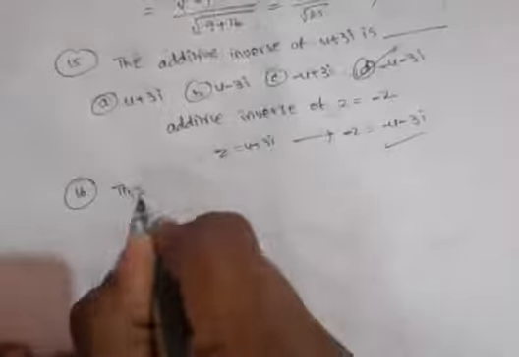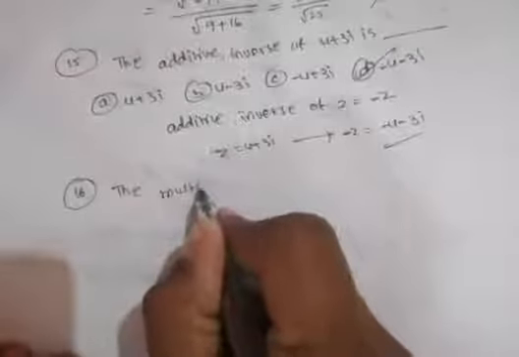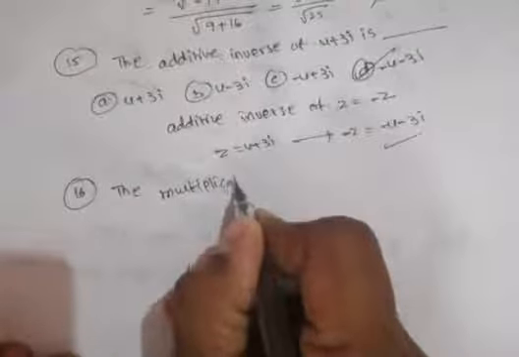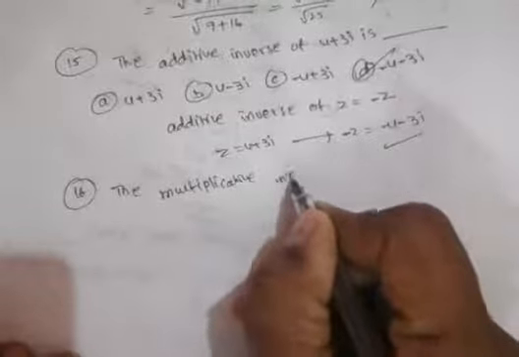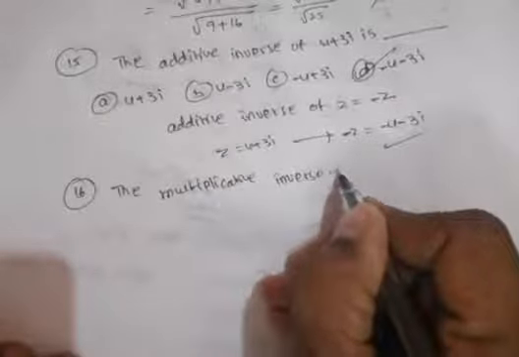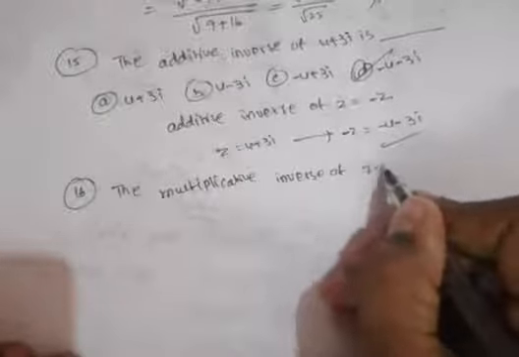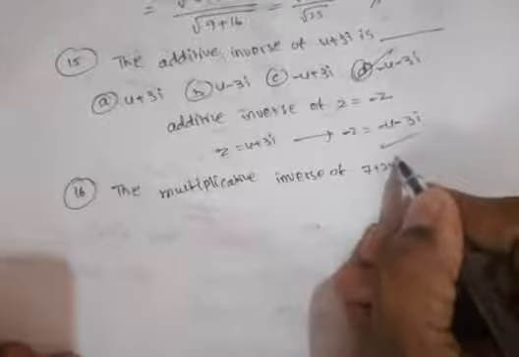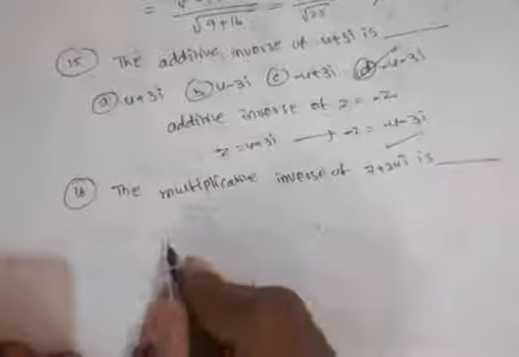The multiplicative inverse of 7 plus 24i is dash.